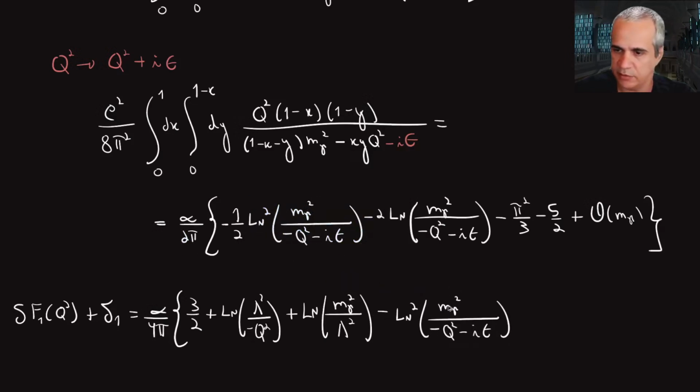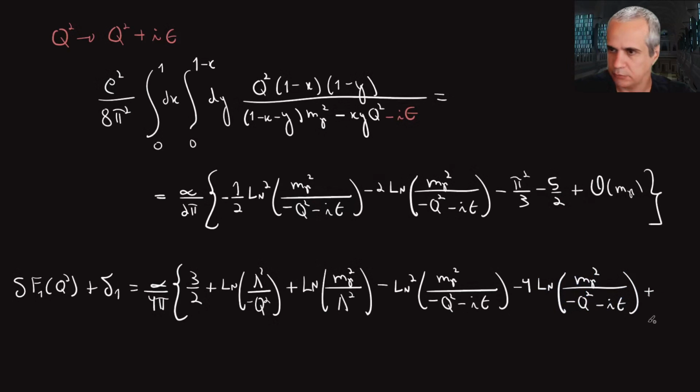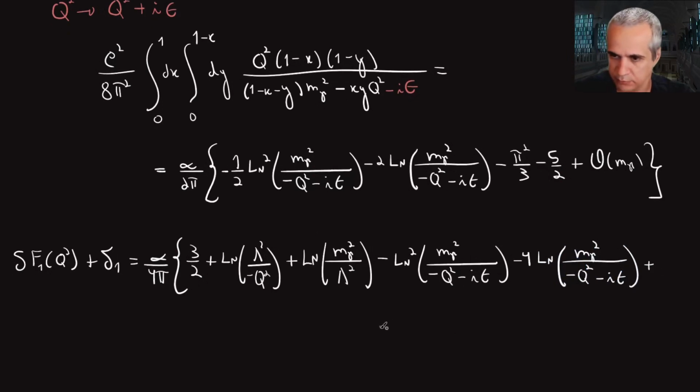So this guy minus 4 times this guy plus minus 2 pi square over 3 minus 10 halves, also known as 5, right?